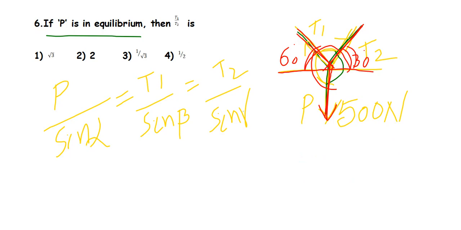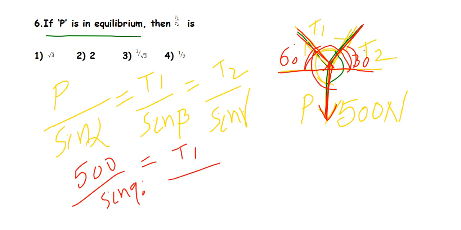500 by sin 90 is equal to T1 by sin of the angle between T2 and P. This is 30 and this is a right angle triangle, 90. 90 plus 30 is 120, so sin 120.